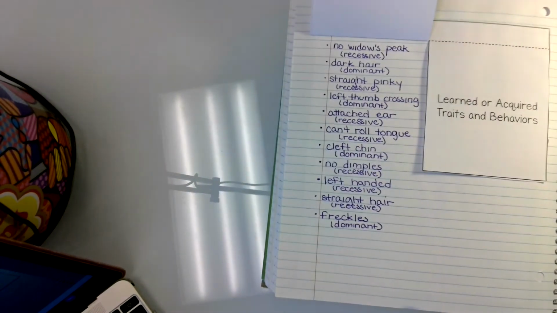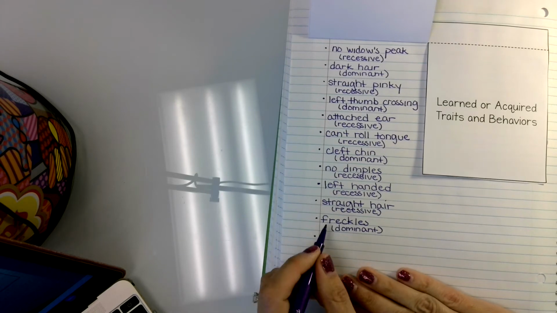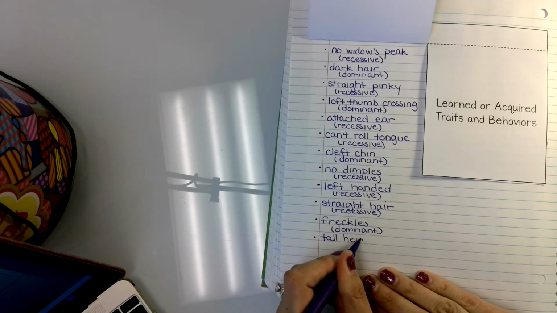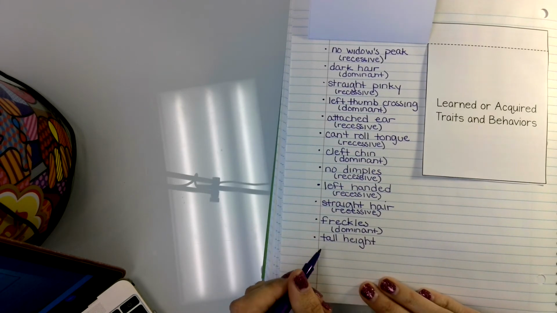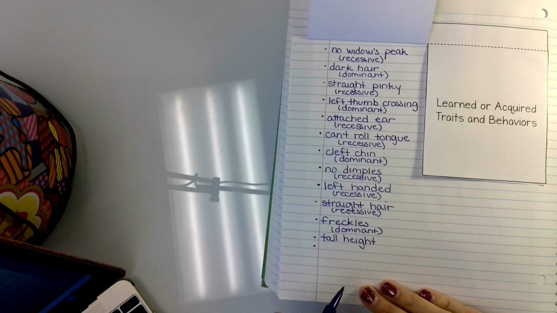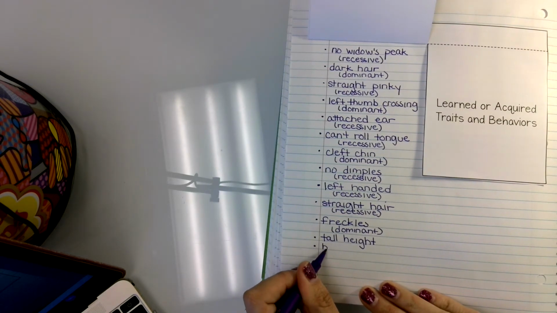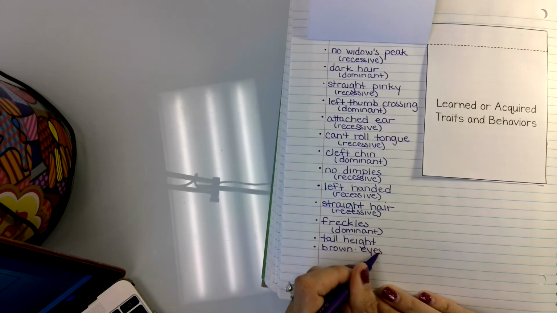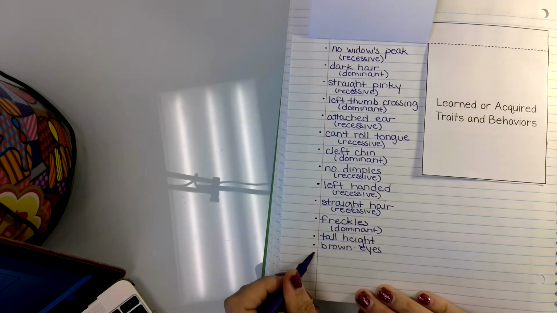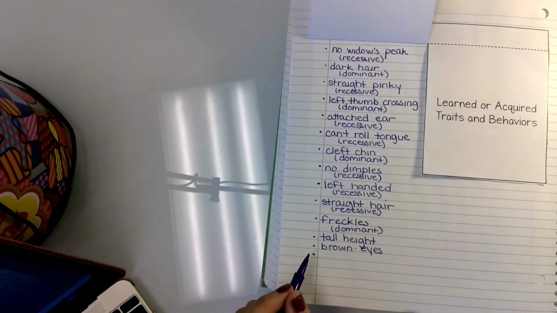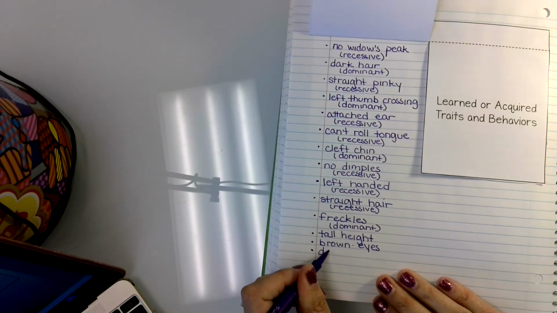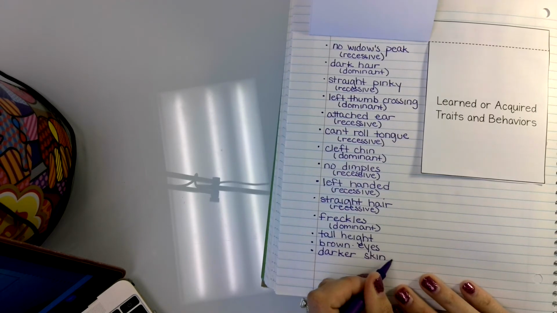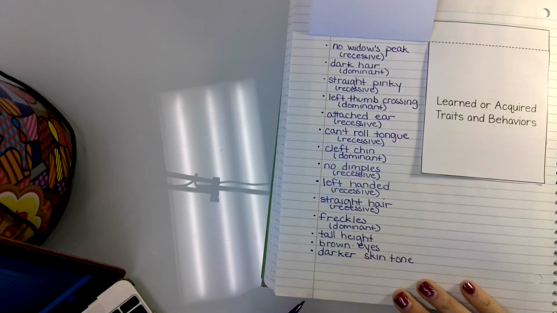All right. So another inherited trait is that I am tall. Both of my parents were also tall. I have brown eyes. That's also inherited. I have darker skin, a darker skin tone. I tan very easily in the sun.